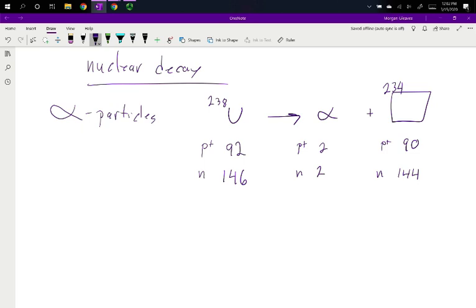Remember, protons define the element. So it is now thorium. What actually happens is uranium turns into another new atom because, remember, all that defines an atom is the number of protons. It shed 2 protons and 2 neutrons and became thorium. Well, 2 protons and 2 neutrons is a helium-4.